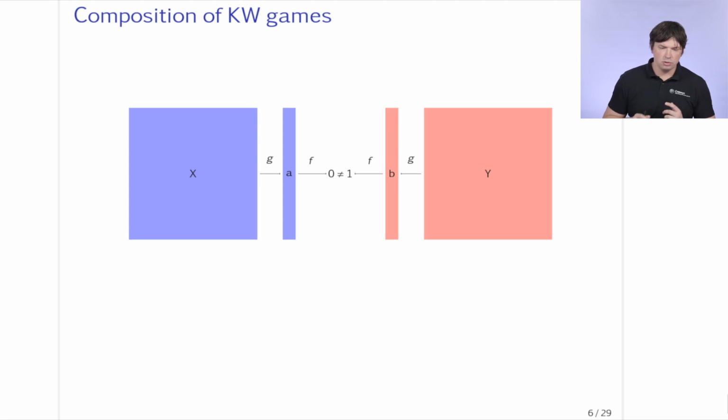So how do you solve a composition of KRW games? You have your input, which is this matrix X, and you apply a function g to every row, and then you get a vector, and then if you apply another function f to it, you get a 0, and for Bob it's the other way around.